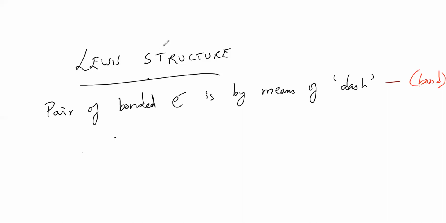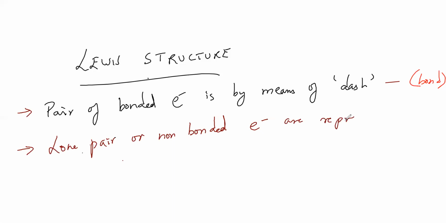And the second thing is the non-bonded pair, or lone pair, or non-bonded electrons, which are represented by dots. No need to worry if you're not understanding the terms now; I will explain them clearly.